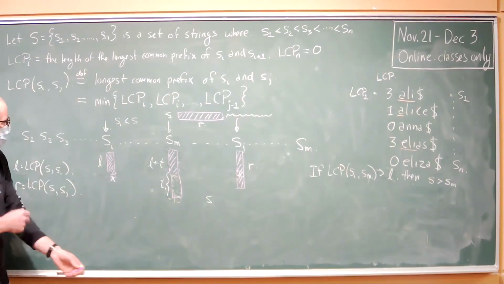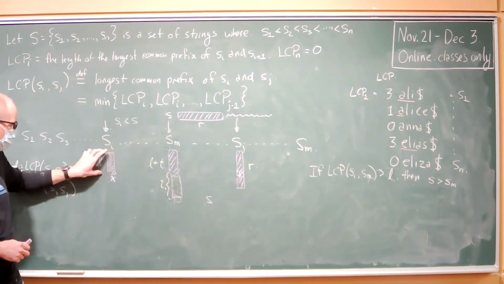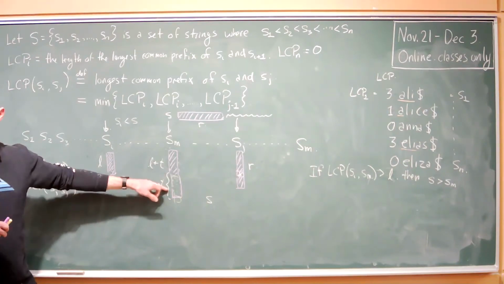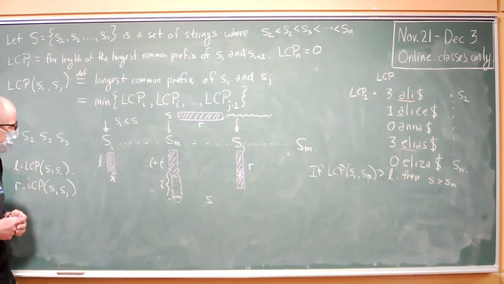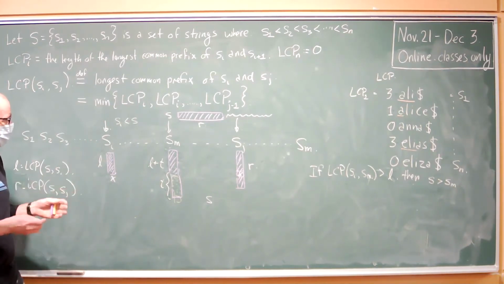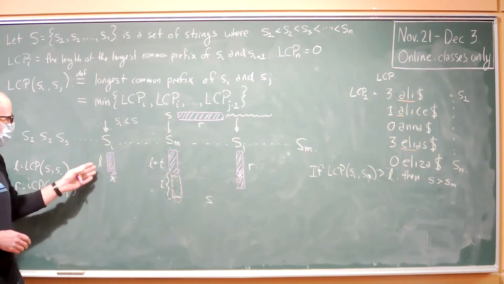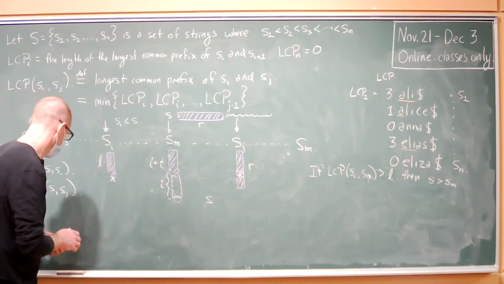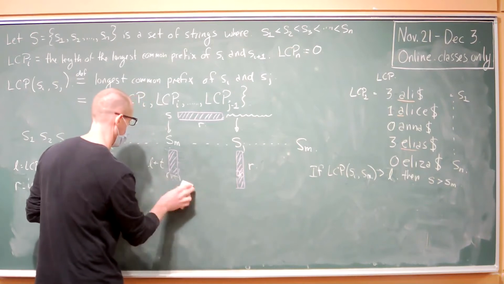And in particular, the smaller of these two numbers, L or R, the smaller one was L, just got bigger by T, and the time it took me to do that was O of T time. Okay? So that's what's going to keep happening: we're going to recurse on something, we're going to spend T time, and the smaller of the two numbers is going to go up by at least T. All right.